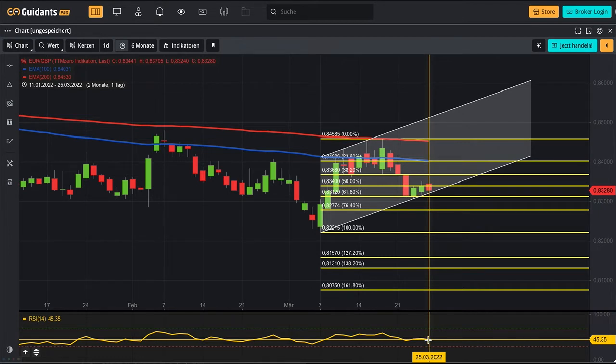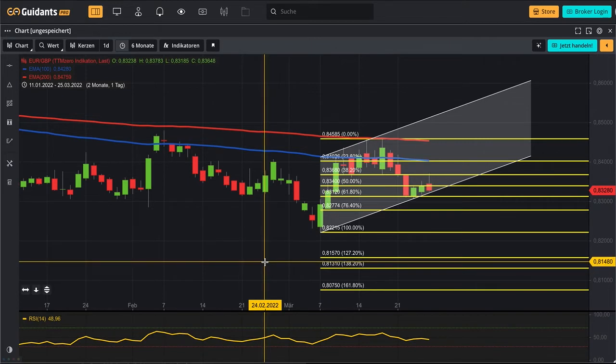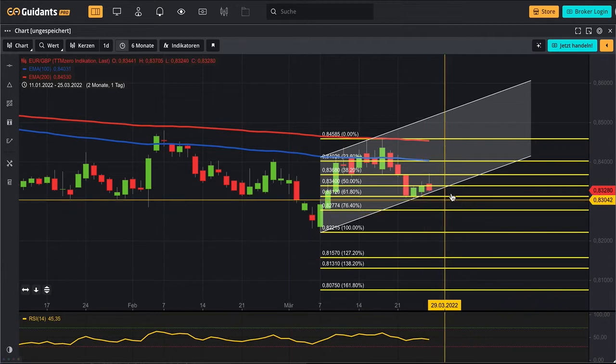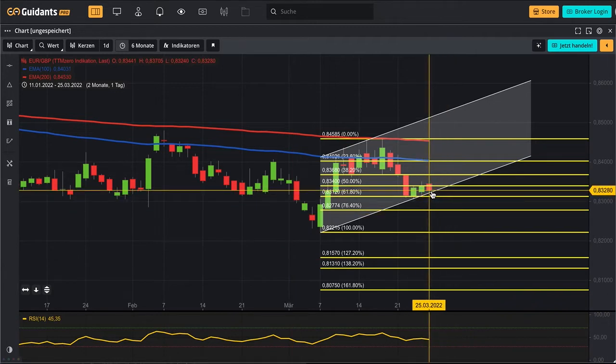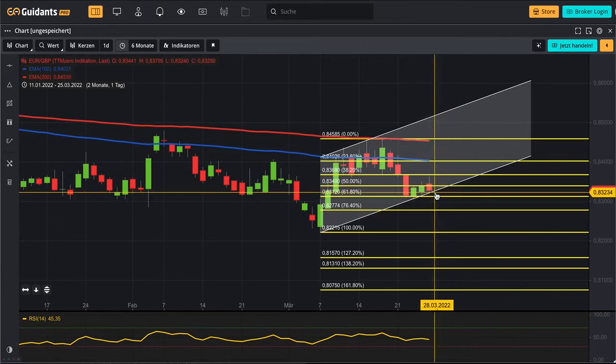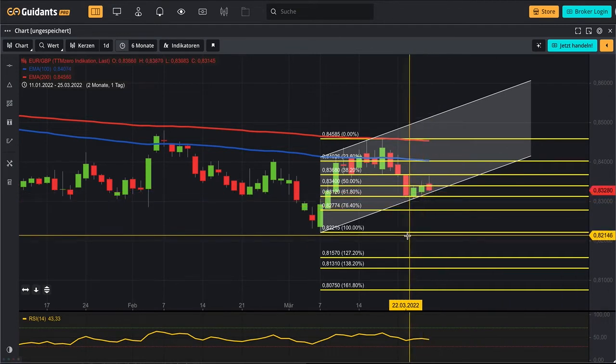So neutral territory, nothing to say about that. And you see that white line is a trend channel. As you see, this is kind of a break to the downside. If we break that level, could be something like more speed to the downside to retest these old lows of 0.8221.5.